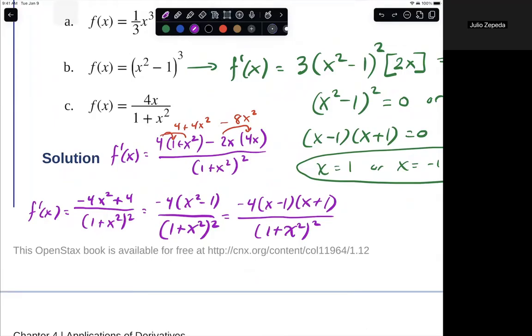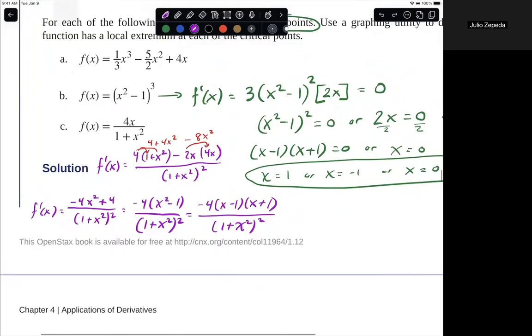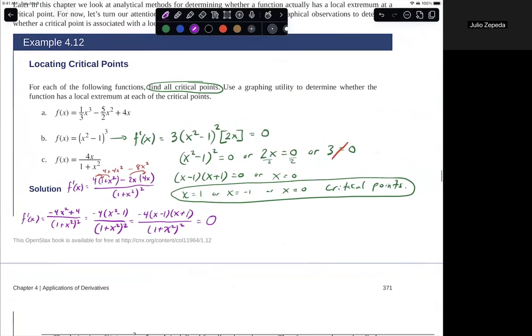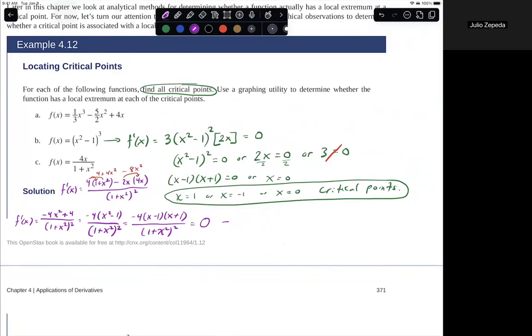So the denominator is never equal to 0, so this function is never undefined, but we can set this equal to 0 and find some critical values where the derivative is equal to 0. They are going to occur when x minus 1 equals 0 or when x plus 1 equals 0. So x equals plus or minus 1.